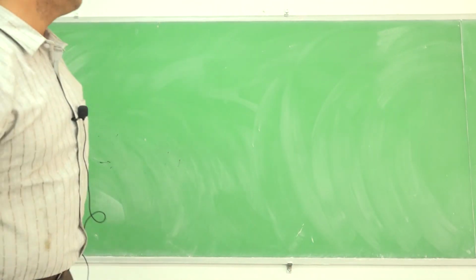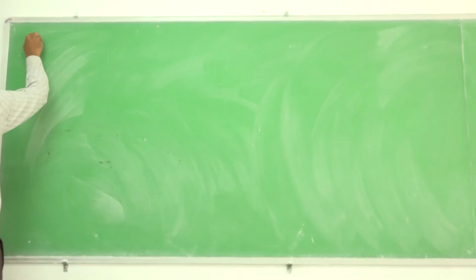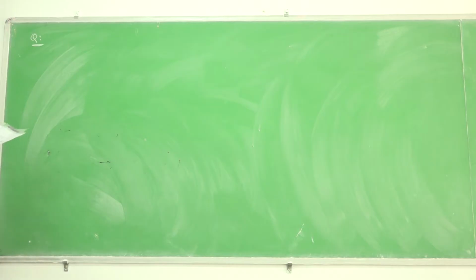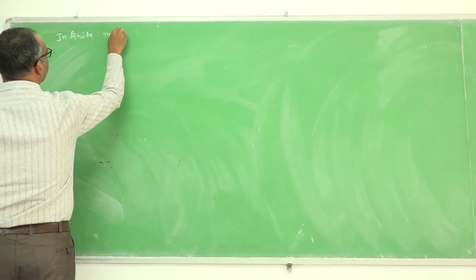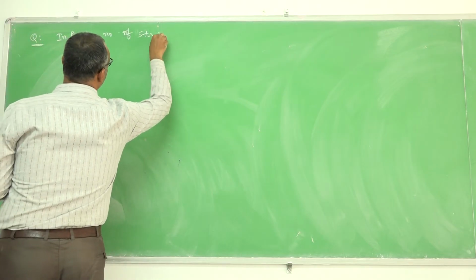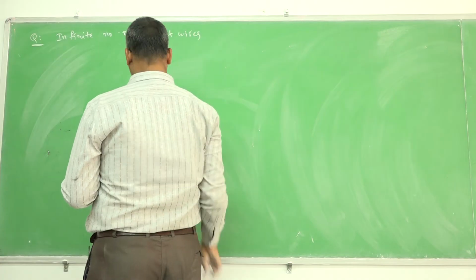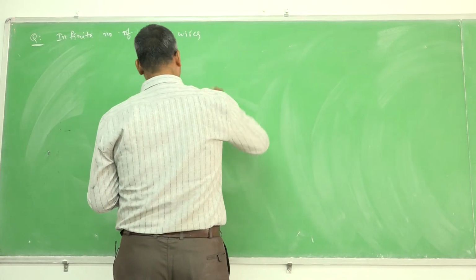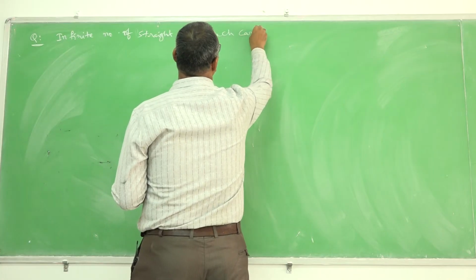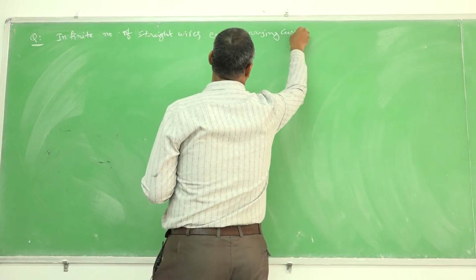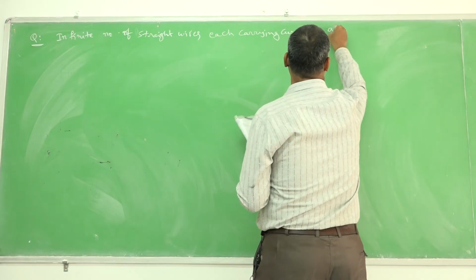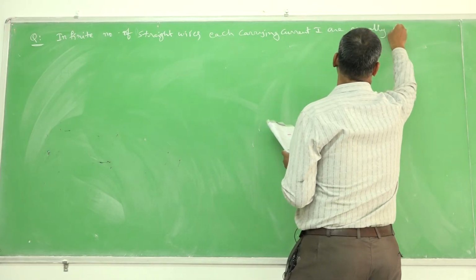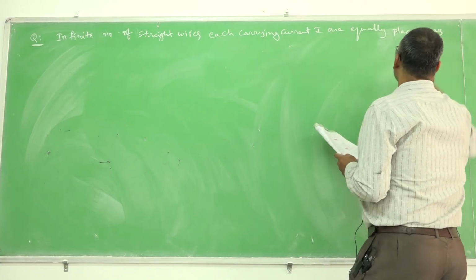The question is like this. Infinite number of straight wires, each carrying current I, are equally placed as shown in the figure.